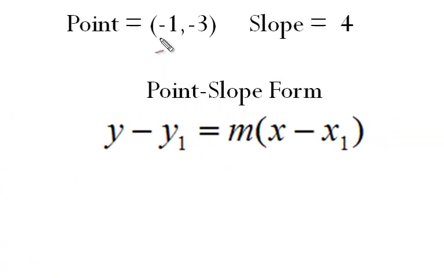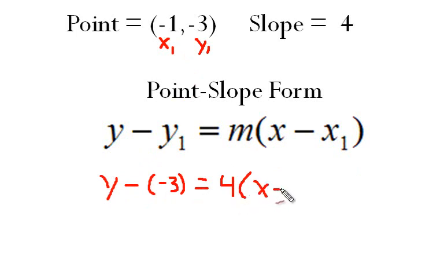So plugging in our values, this is my x1 and my y1. I have y minus y1, which is -3, equals my slope, which is 4, x minus my x1, which is -1.